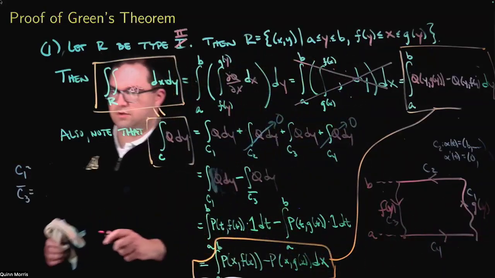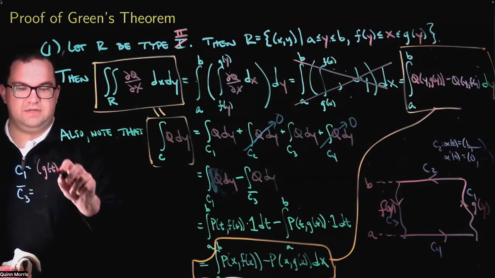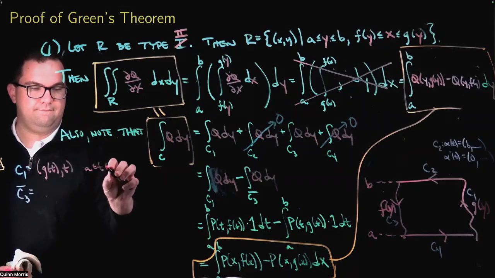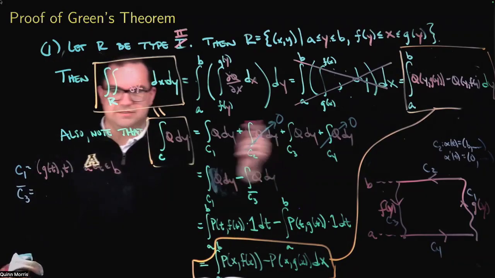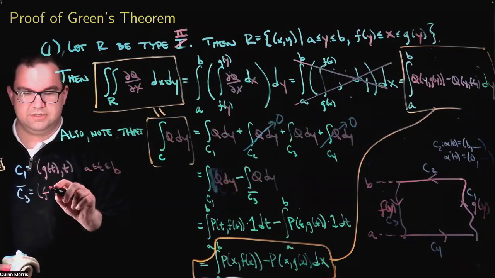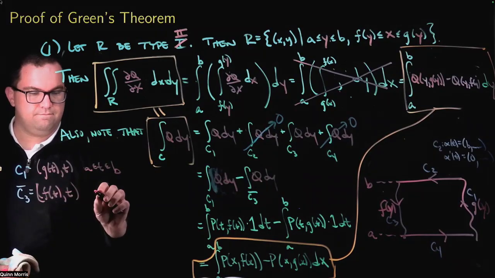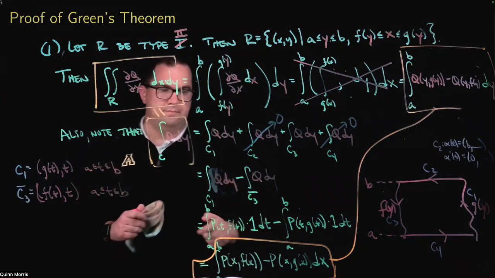Okay. So I can parameterize this as g of t comma t for t going from a to b. For this one I have to do the same thing where I'm actually going to parameterize it going in the opposite direction. So this is f of t comma t, and it's going in the opposite direction. So that's why we pick up that minus sign.